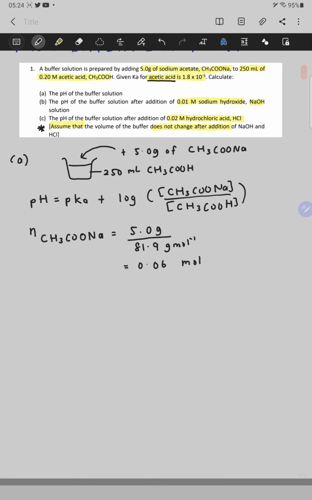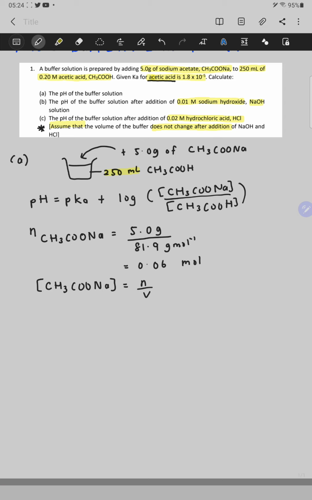Right. And, untuk cari concentration of the salt, CH3COONa, it will be mole divided by volume. Right. So, the volume of the buffer now is 250 ml, because you dissolvekan 5 gram salt into 250 ml of CH3COOH.